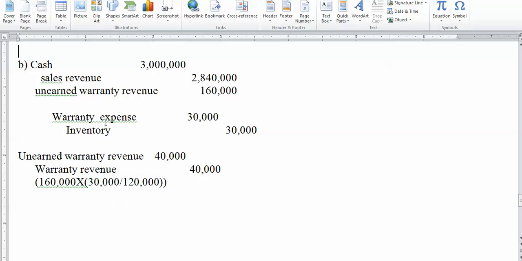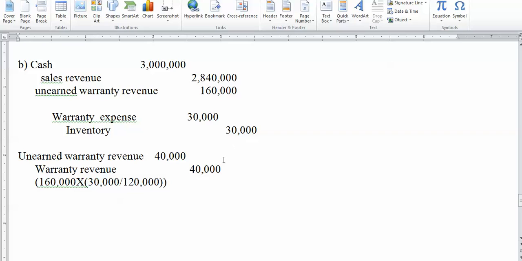In the first year, we did do service of 30,000. Of that 30,000, we earned some of that unearned revenue because we did what we needed to do. So we want to prorate that. Since we earned 30,000 of the expected 120, that is a percentage: 30 divided by 120. That gives us the prorate that we need to multiply against the 160,000 of unearned revenue, so we can see how much of it we earned by doing the warranty work.